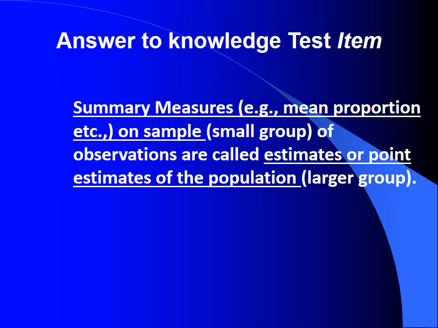As a knowledge test item, summary measures such as mean and proportion computed on a small group or a sample are called estimates. If you find the mean is 50 in a sample, we call it a point estimate of the larger group.